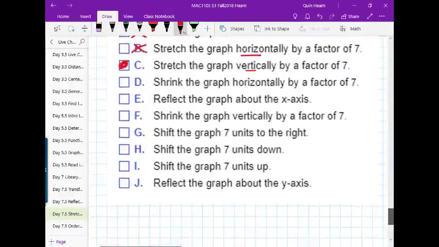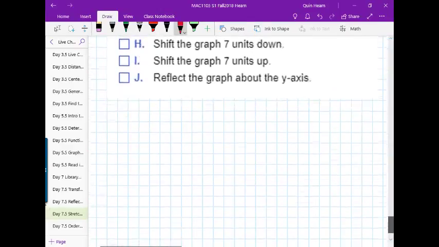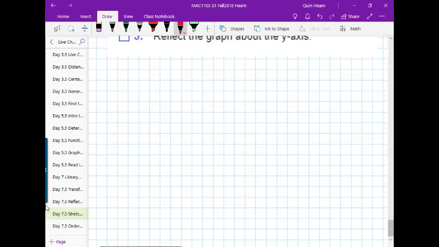So now, since there's some confusion about some of these things, let's go ahead and look at a few more examples where we identify what type of transformation we have.